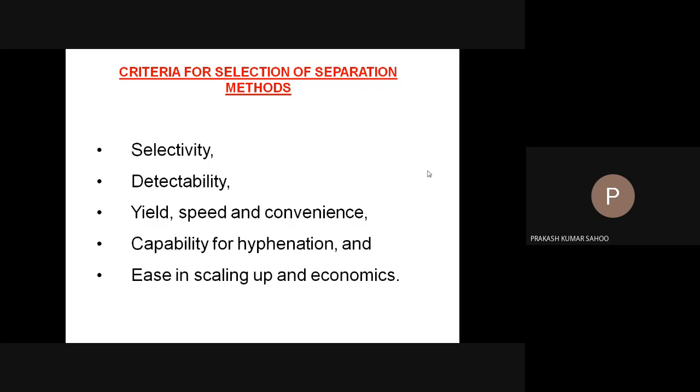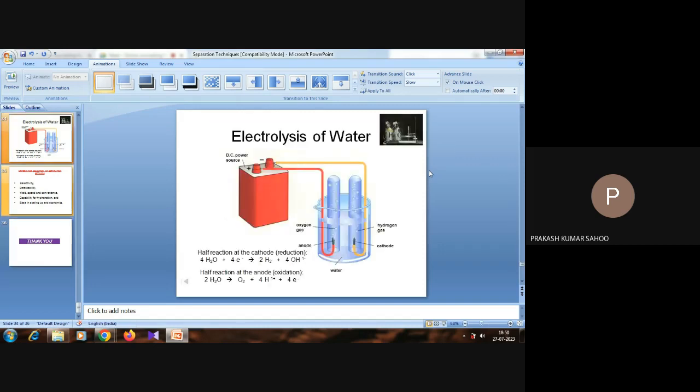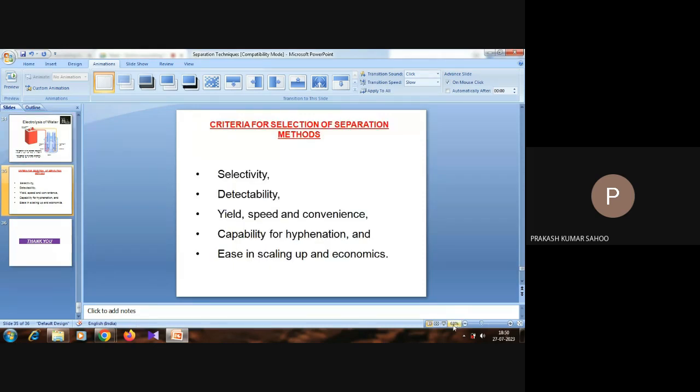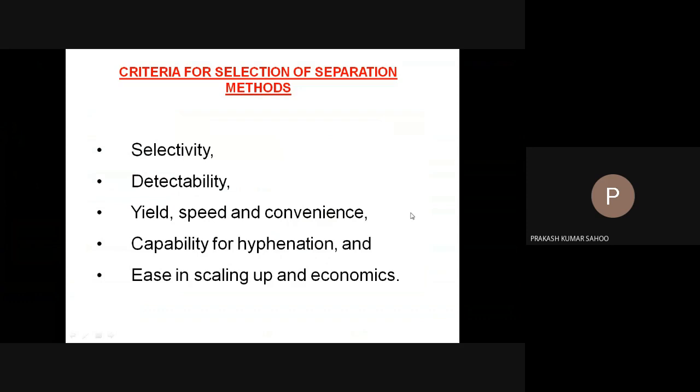Then we have detectability. The term detectability refers to the minimum amount that can be detected. This is also an important factor. It is also termed sensitivity.